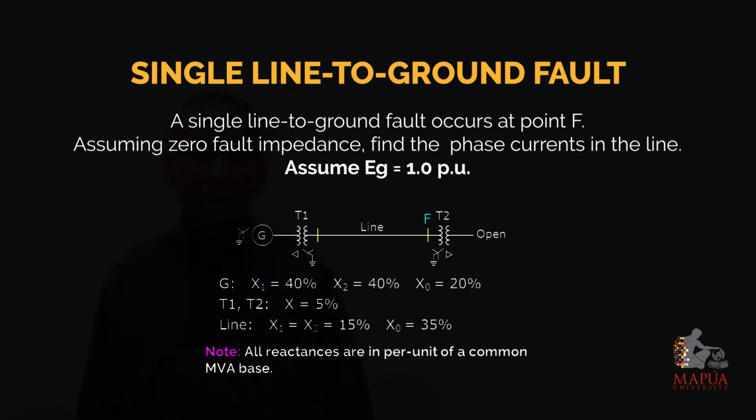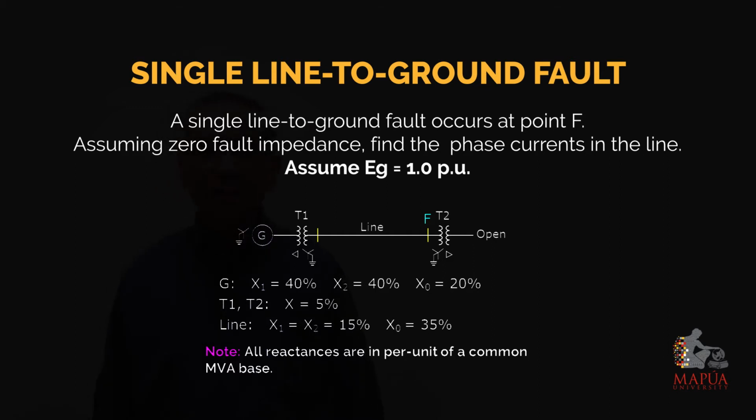Assuming zero fault impedance, find the phase currents in the line, assuming that the voltage at the generator is equal to 1.0 per unit. These are the given data for the generator. The positive sequence reactance is equal to 40%. The negative sequence reactance is 40%. The zero sequence reactance is 20%.